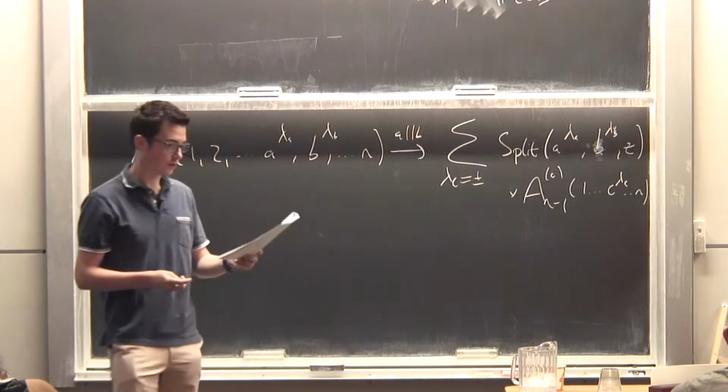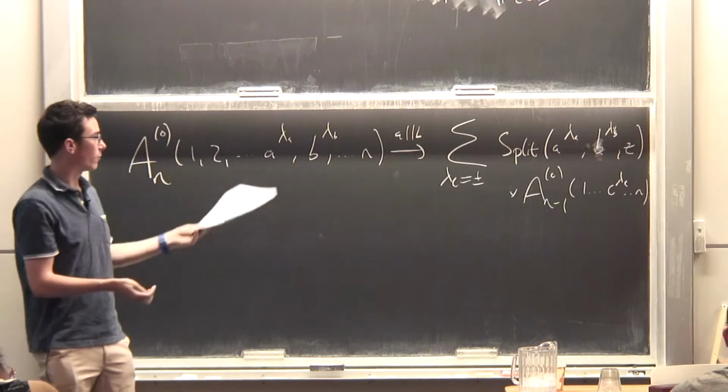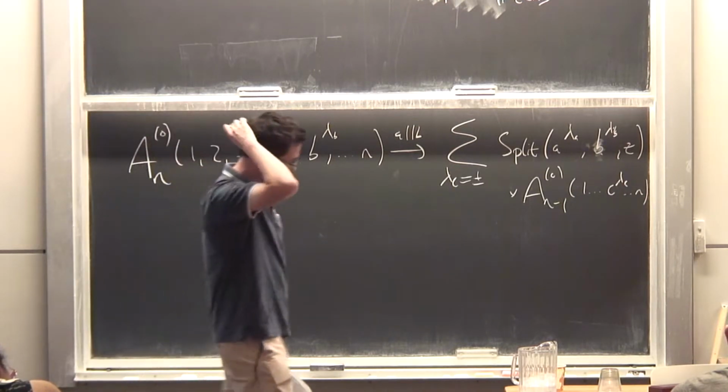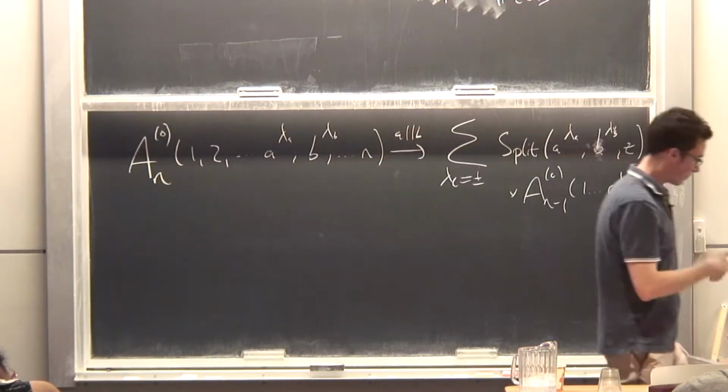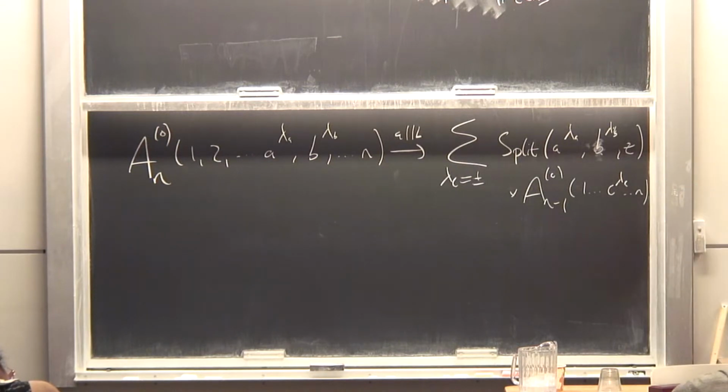The idea is that we understand how amplitudes in QCD, and hence matrix elements in QCD, factorize into the various lower order bits times some universal function.